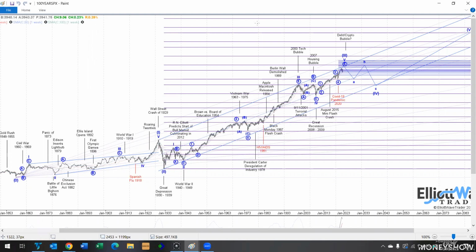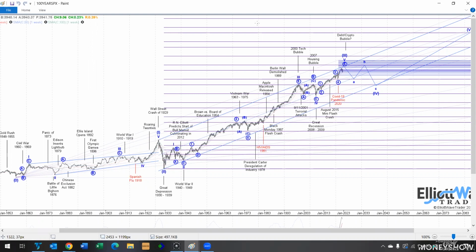It was a 4th wave right before we were working on this final 5th wave to complete this very long-term 3rd wave. Now, I know that waves within waves is probably one of the most difficult parts of Elliott wave analysis for people to grasp.